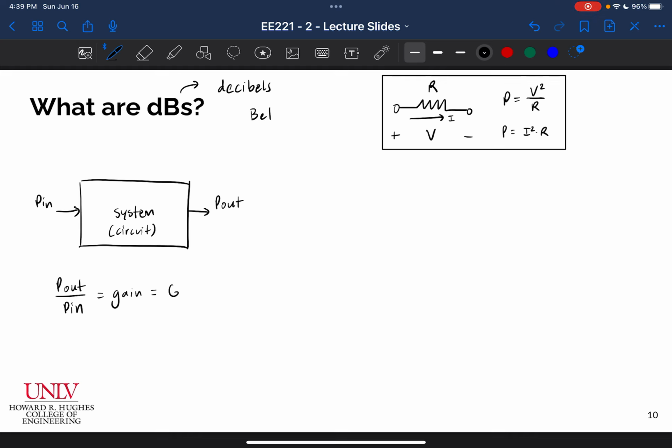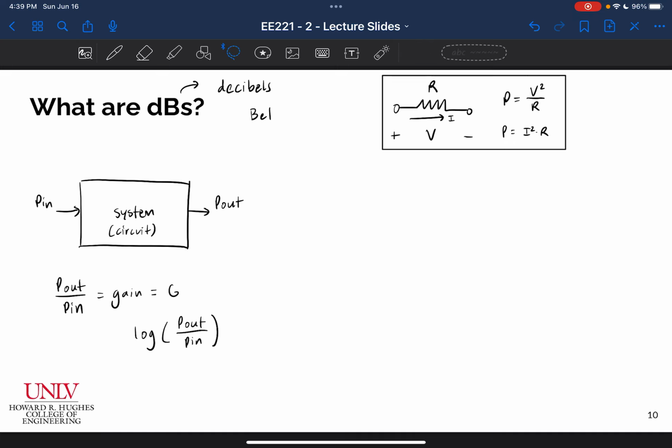This is what people at Bell Labs back in the day were interested in characterizing: power gain for communication systems. Because humans perceive sound logarithmically, they decided to take the logarithm of this ratio, which is the log of P out over P in.